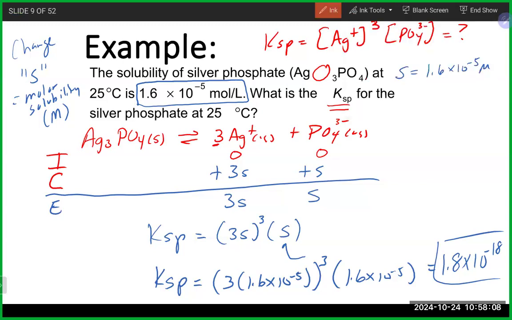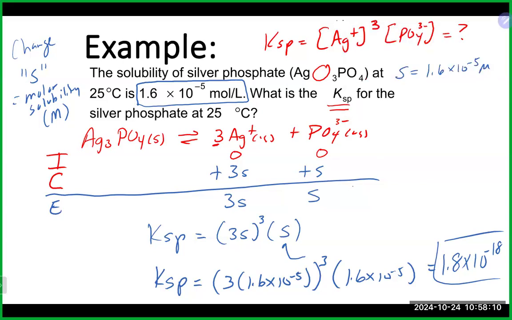So if you understood concentration and how it works, you could have just took the equation like we had there and break it up into silver and phosphate. And because the concentration of this was 1.6 times 10 to the minus 5, you would know that you need to take 3 times 1.6 times 10 to the minus 5.